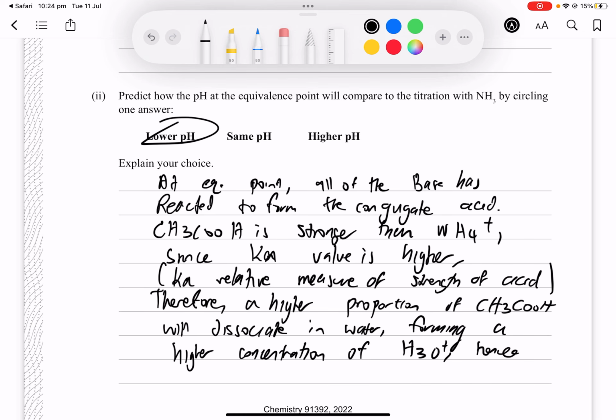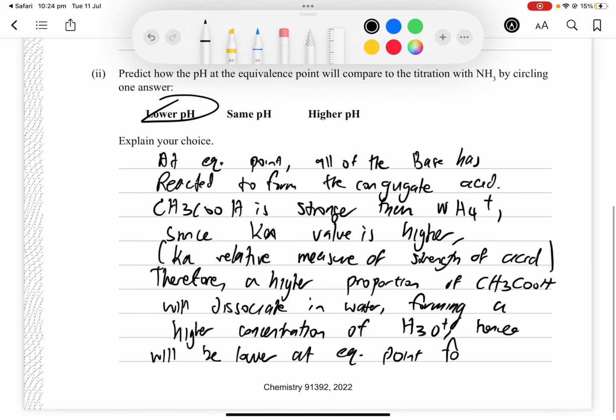Hence, the pH will be lower at the equivalence point for the CH3COO minus titration. And that's all we really need to say for this question.